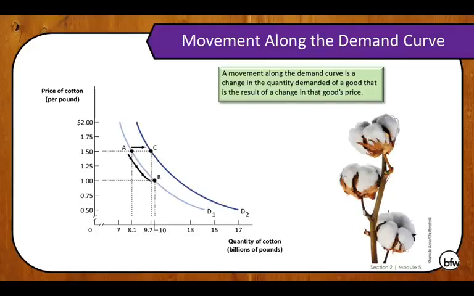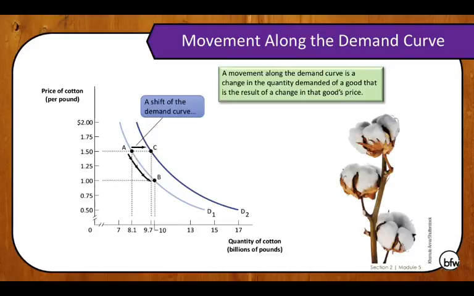But we can get that same increase in quantity demanded by moving from A to C. We increased the quantity demanded from 8.1 billion pounds to 9.7 billion pounds. That's still an increase in demand. But notice the price didn't change. When we go from A to C, the price is still $1.50.